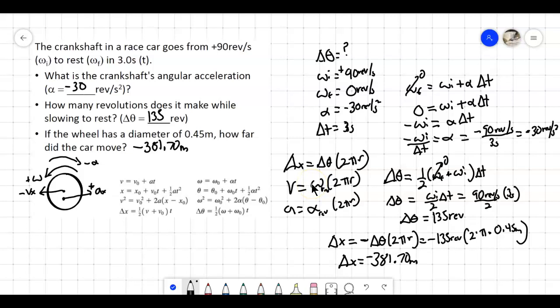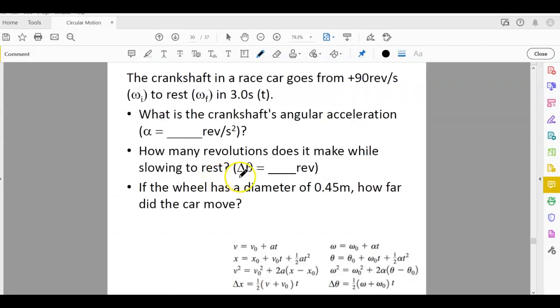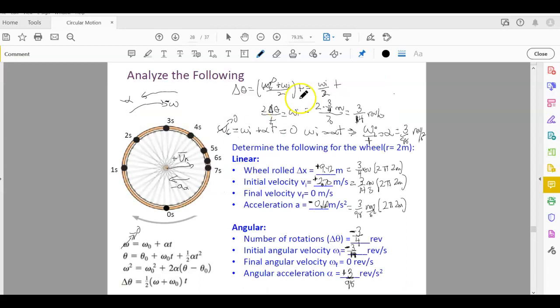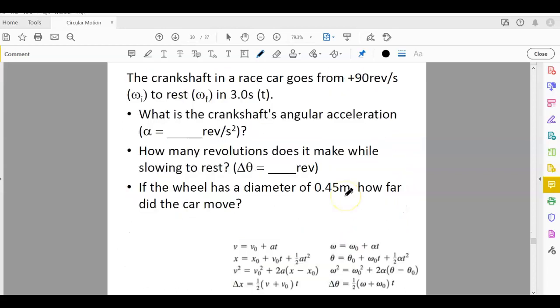So it's a little bit easier to do if you do it in that process. So that's why I had you practice here with the angular stuff first before you moved on to the linear stuff. And at that point, you were just multiplying it by 2 pi r.